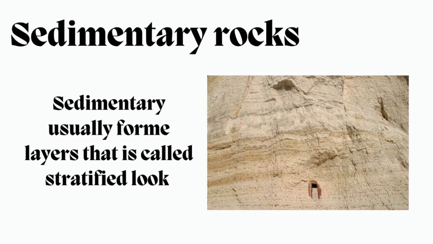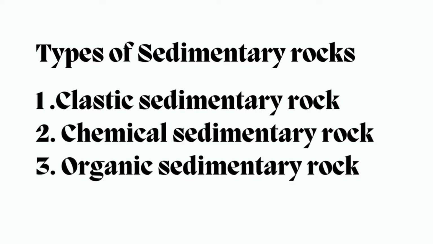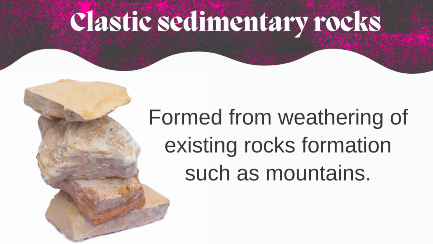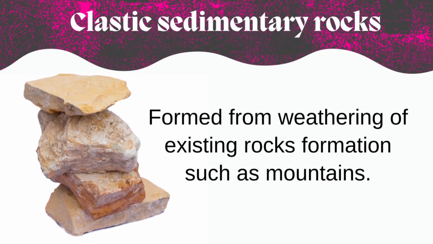Because of the way sedimentary rocks are formed, they are classified into three. We have clastic sedimentary rock, chemical sedimentary rock, and organic sedimentary rock. Clastic sedimentary rock, as the name implies, is formed from the washing away or weathering of existing rocks, such as mountains.